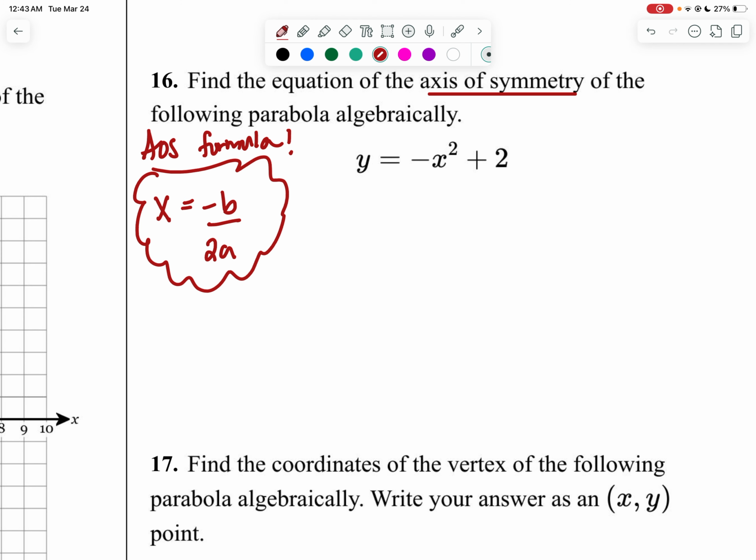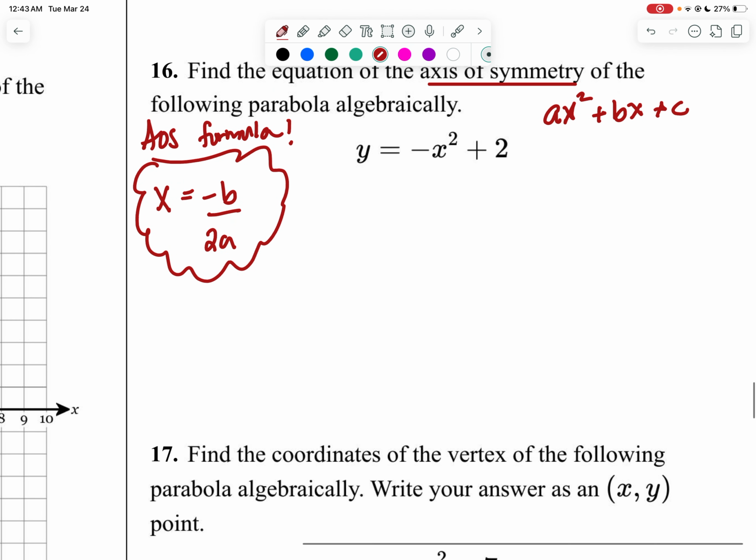Remember that it should be in the form of ax squared plus bx plus c. In this case, though, we have a. We don't have a b because b is just 0, and then we have c. So a is negative 1, c is 2, b is 0.